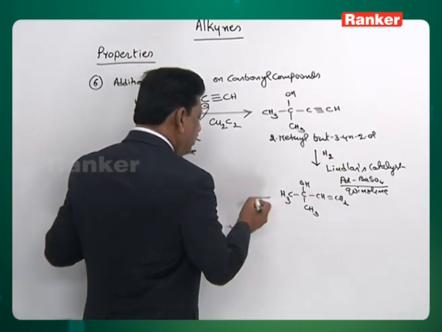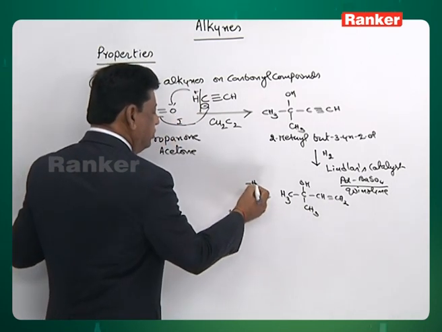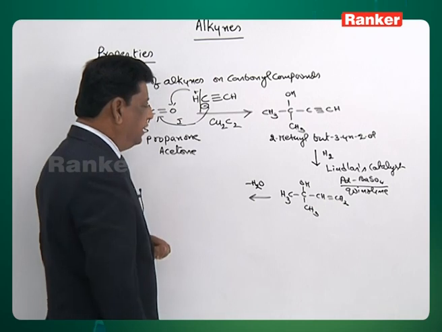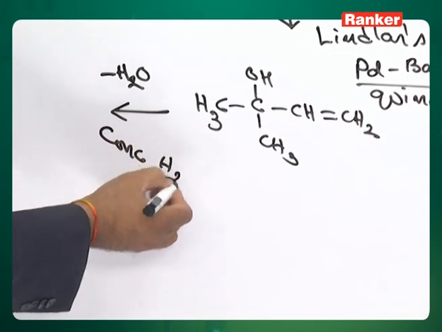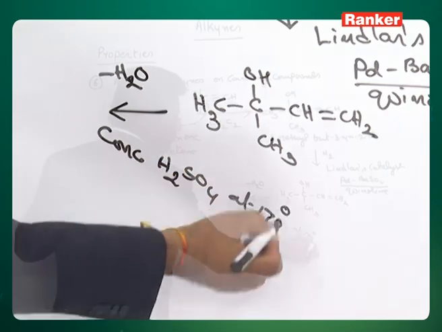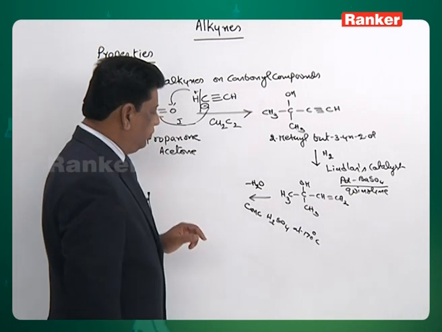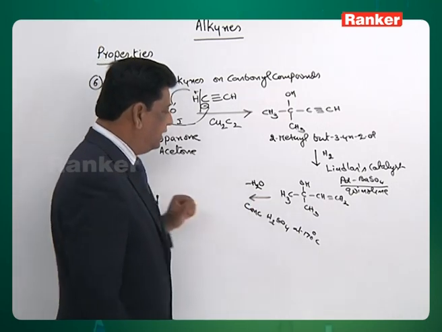Now this compound is dehydrated, minus H2O. For dehydration we can use a classical reagent, that is concentrated H2SO4 at 170 degrees centigrade, or alumina at 350 degrees also works for the dehydration.